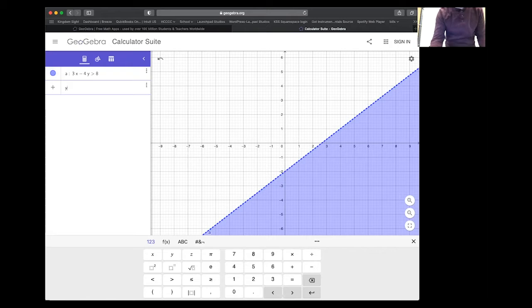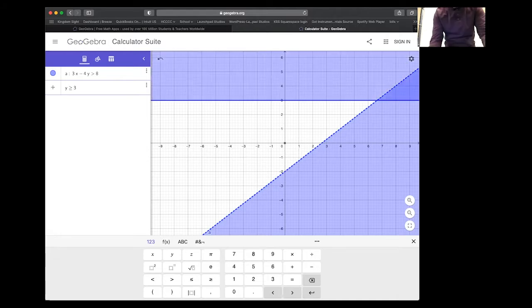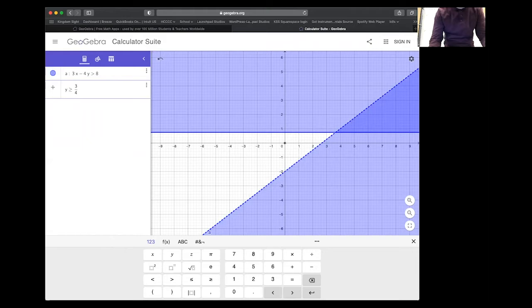And this is how you do greater than or equal to. You just put a greater than sign and then an equal sign right next to it. And then it does it automatically. 3/4 x, so 3 divided by 4. Oh, you know what I have to do now is you have to do space, not 2 spaces.